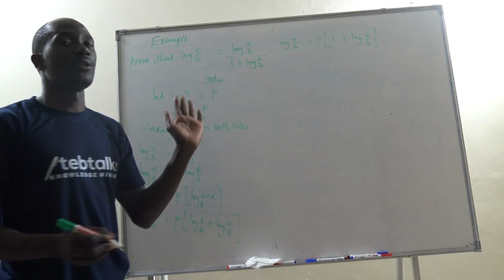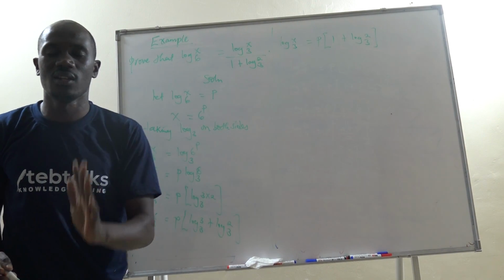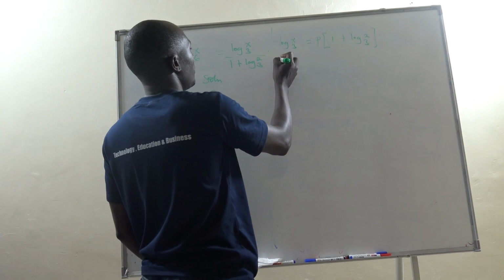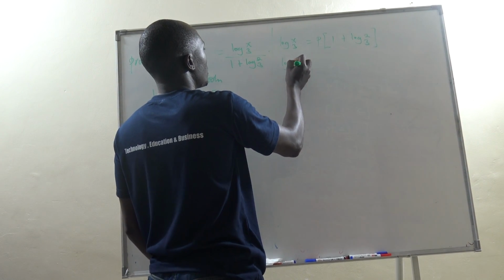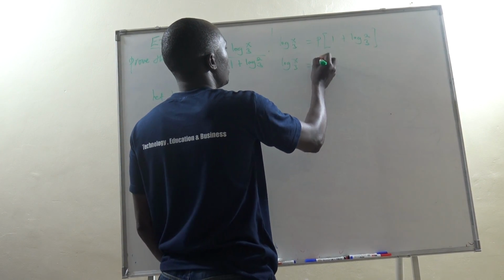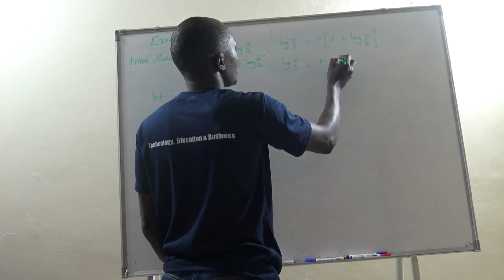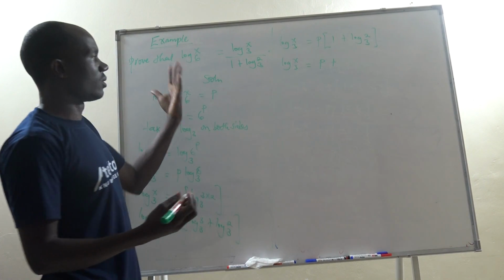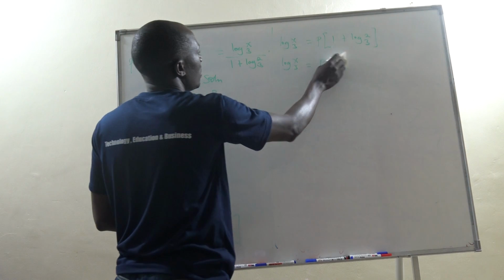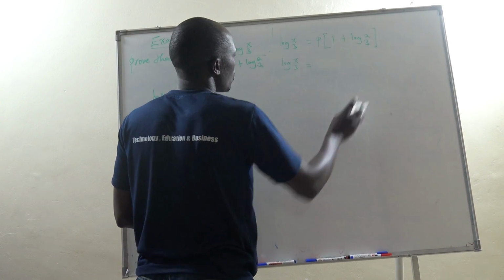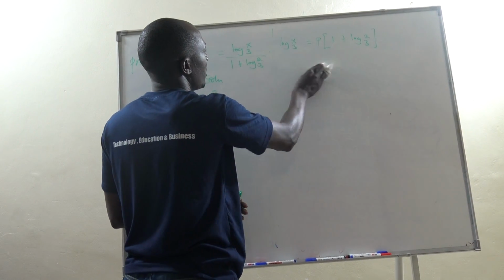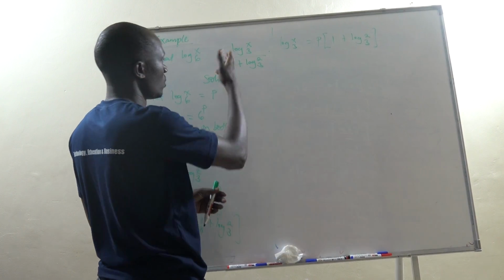We are free now to open by pushing in that p, or you can make p alone, because that's what you want. There's no need for you to open. Just divide throughout by that, because that's what they want here.